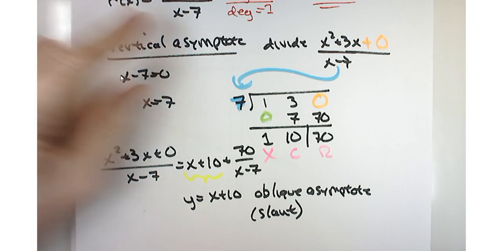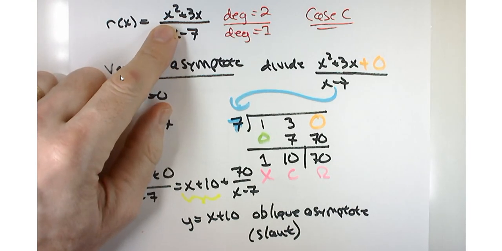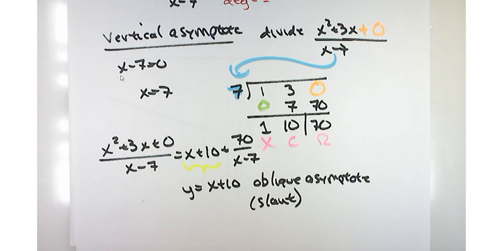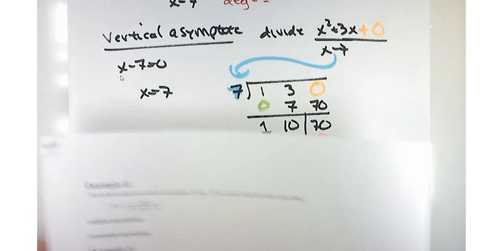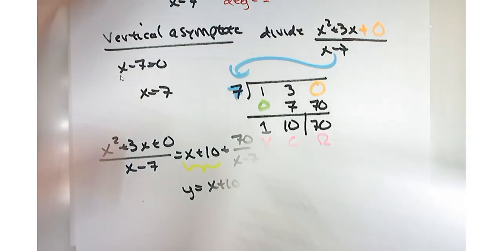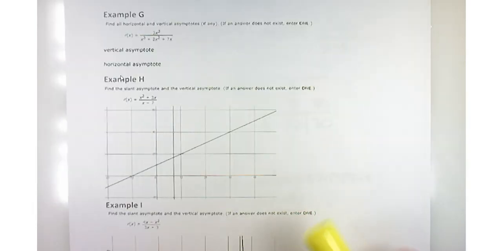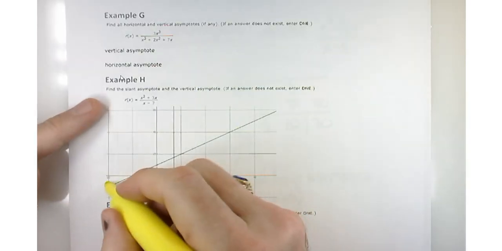We can find where the numerator equals 0, at x equals 0 and x equals -3. Those are the roots of this polynomial. We know it's an oblique asymptote. If you were to graph this, I would start by graphing the oblique asymptote, which I've done for you here, in yellow.